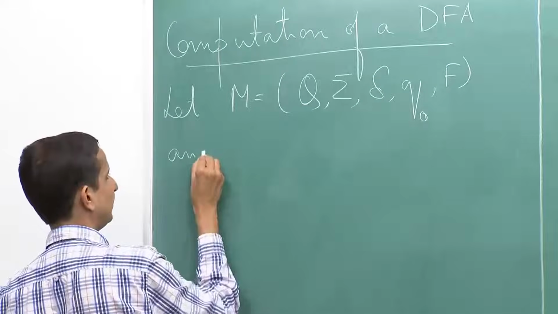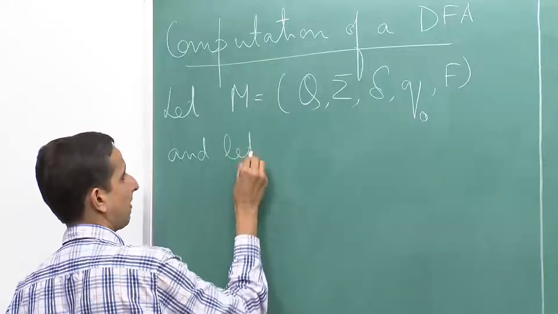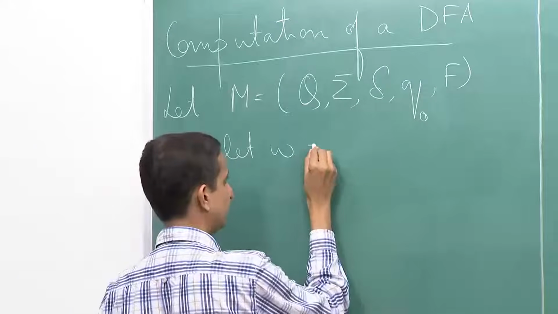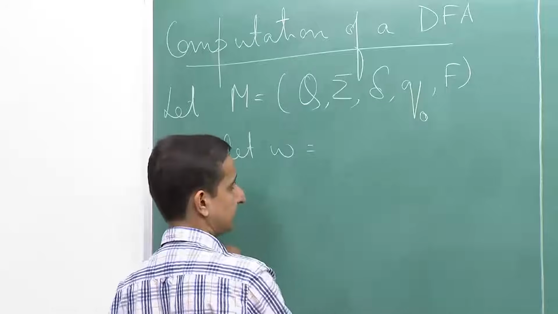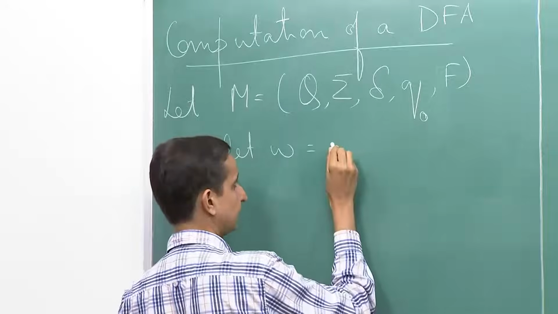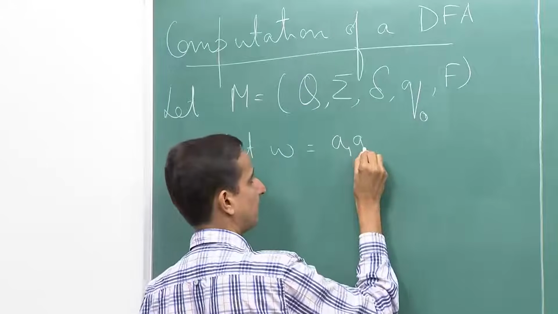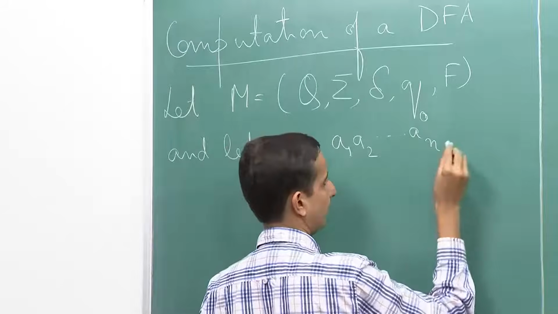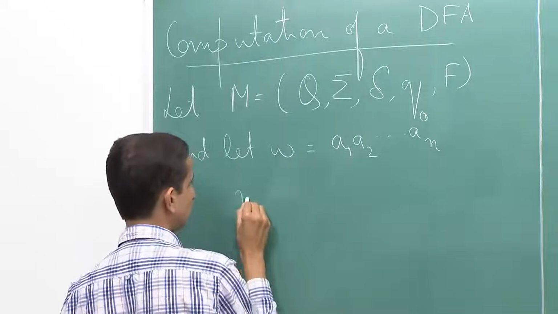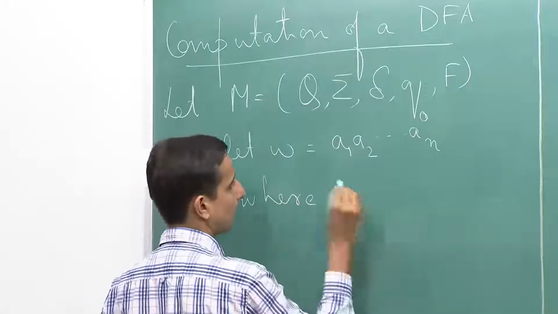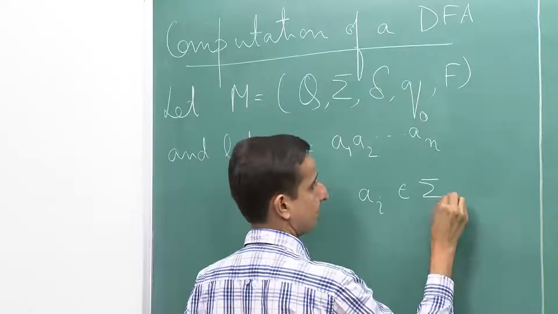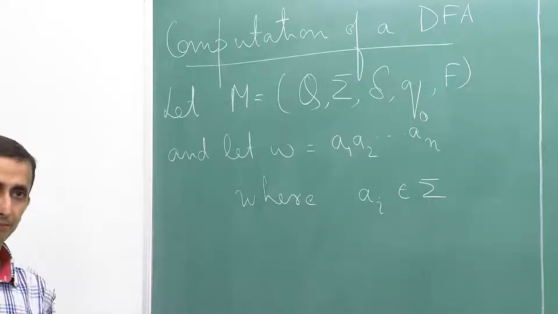And let W be a string over sigma. Okay, so, W, let us say it has n symbols. So, W equals A1, A2, and so on till An, where Ai is a symbol in sigma. Okay.